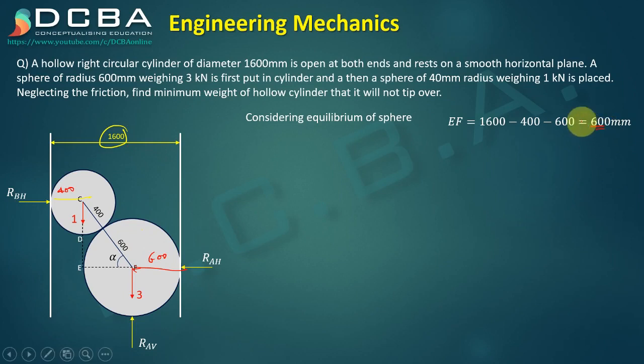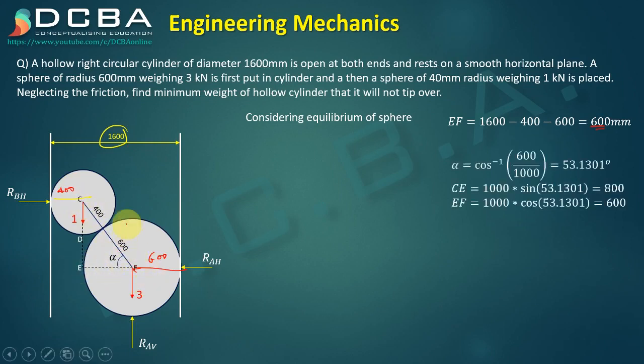And then we have CE, which you will get by finding this alpha. Alpha we can find because EF I know and this CF I know. So alpha is 53.1301 and CE you will find as 1000 sine of this, because sine alpha is CE upon the hypotenuse. So 1000 into sine alpha will give you CE as 800.